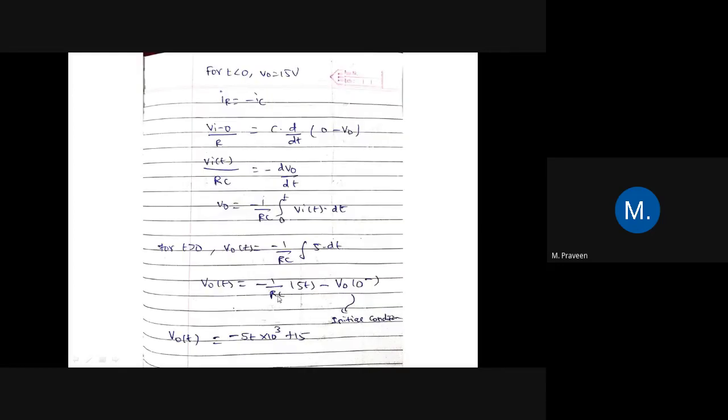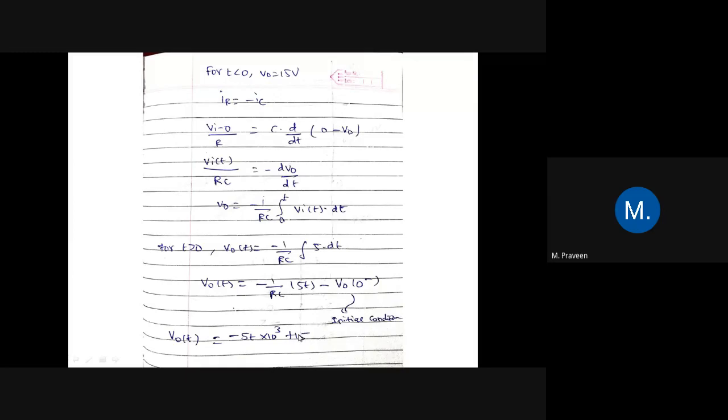Substituting, the final equation is minus 5t into 10 power 3 plus 15. The plus 15 is the initial condition of the output voltage. We are considering only t greater than 0. For t less than 0, the output V naught is 15, therefore the initial condition is plus 15 here.